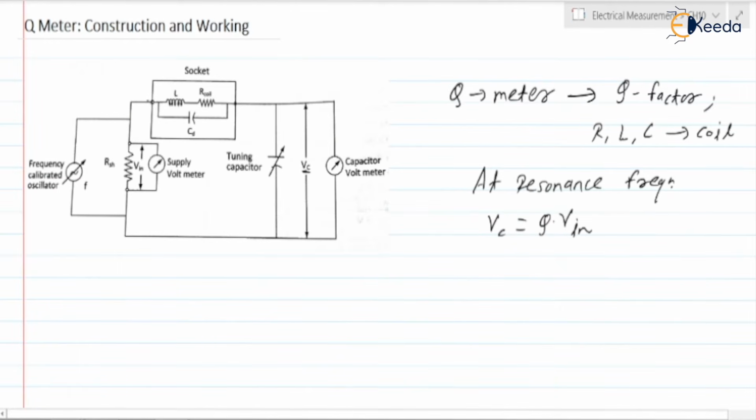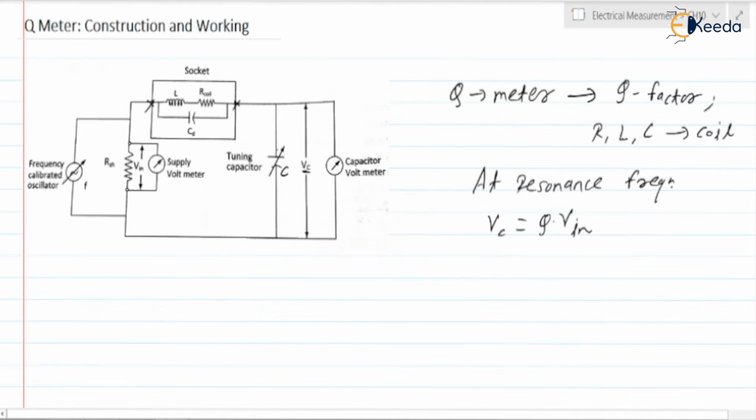Next, between these two terminals we are required to connect the coil whose Q factor we are interested in finding. Here L is the inductance of the coil, R coil is the resistance of the coil, and CD is the distributed capacitance of the coil. C is the capacitor which we have connected in the circuit.